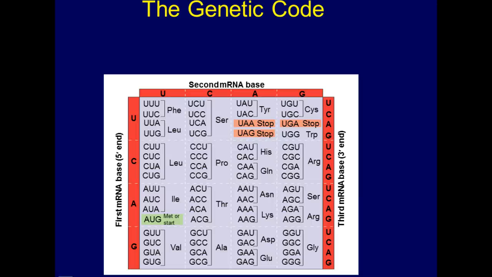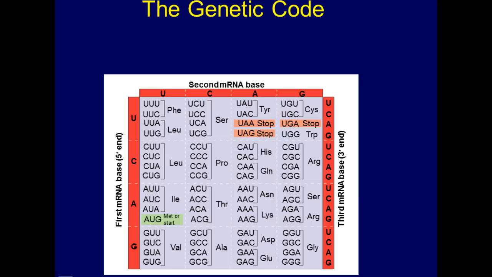Make sure you get that in your notes. Also get down that that's 64 different codons, but only 20 different amino acids. Therefore, most have more than 1 codon. That makes sense.